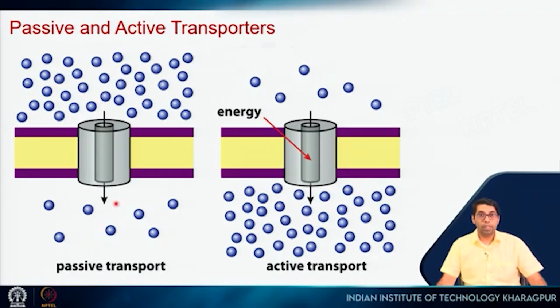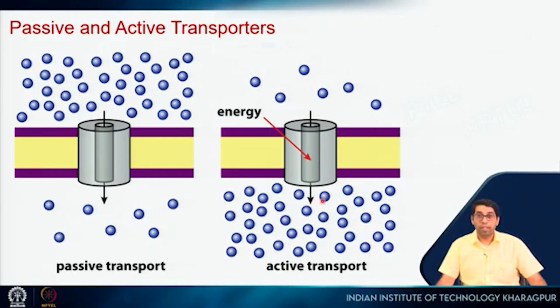So they will follow the concentration gradient of the molecule. So if there are more molecules here, there are less molecules here, you will see transport in this direction. However, in case of active transport, they can transfer molecules from low concentration to higher concentration, and to do that they use energy, and in many cases this energy is hydrolysis of ATP.